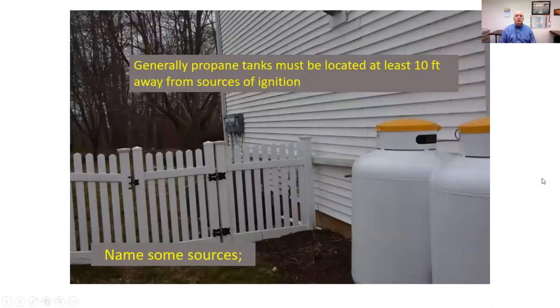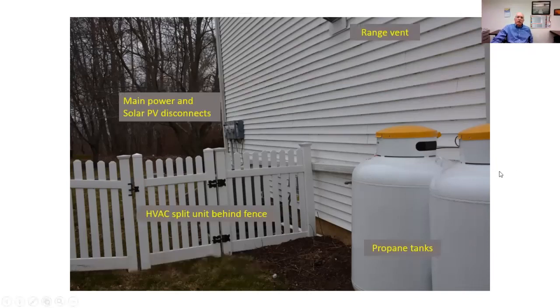All right, generally, these propane tanks have to be located at least 10 feet away from any sources of ignition. So name the sources that are here. Well, you can see coming up, we have the main power and the solar PV disconnects. We have this HVAC split unit behind the fence. That's a source of ignition. We have the range vent up on the wall.